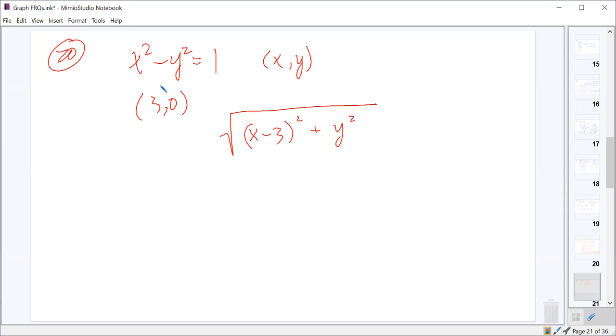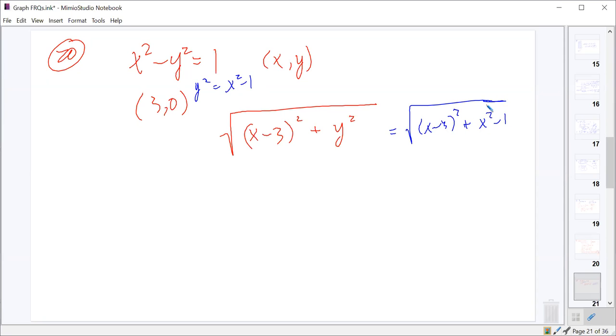And what we'll need to do is go in and replace either our y's or our x's. It makes more sense to replace the y's with x values just because we have a y squared here and we have a y squared here. So we can see that y squared is equal to, we bring that over and then subtract the 1, x squared minus 1. So this is the square root of x minus 3 squared plus x squared minus 1.